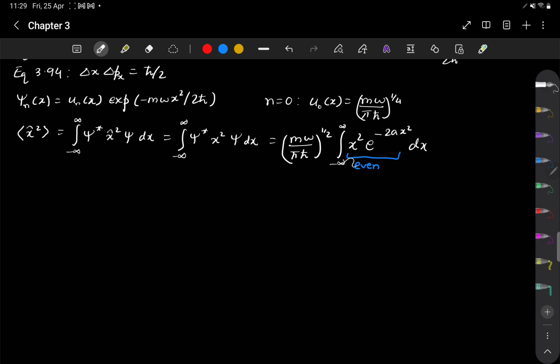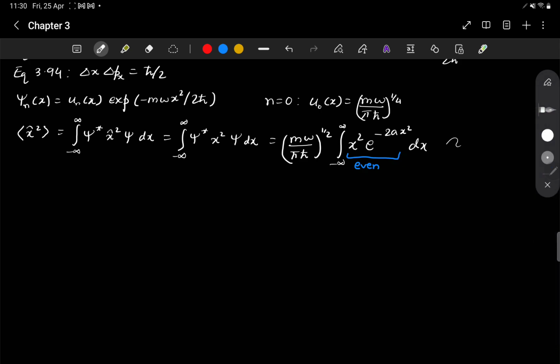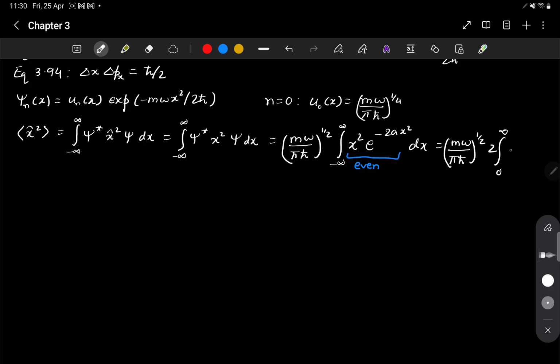As a result, we can replace this integral from negative infinity to plus infinity as twice that from 0 to infinity. So this is the following: 2 times integral 0 to infinity of x squared e to the power minus 2a x squared dx.